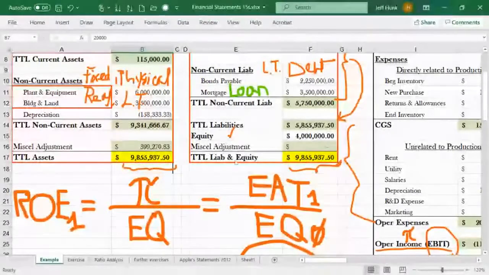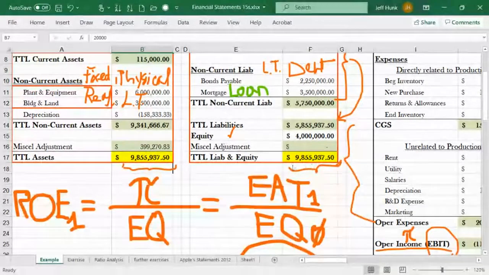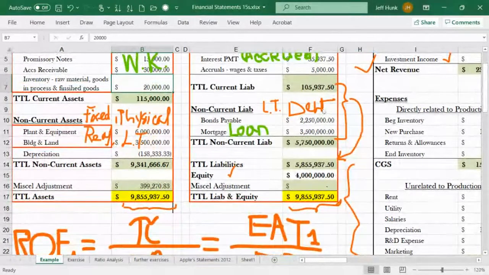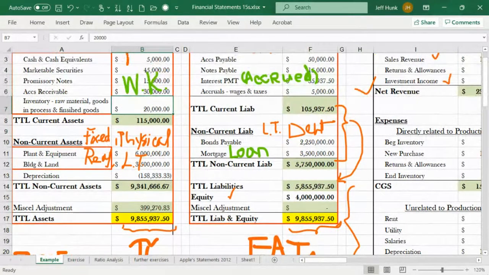In this example, you raised almost $10 million, through equity and debt. And what for? Because of this plant and equipment, building and land, before depreciation. Depreciation happens over time, time one, time two, time three.